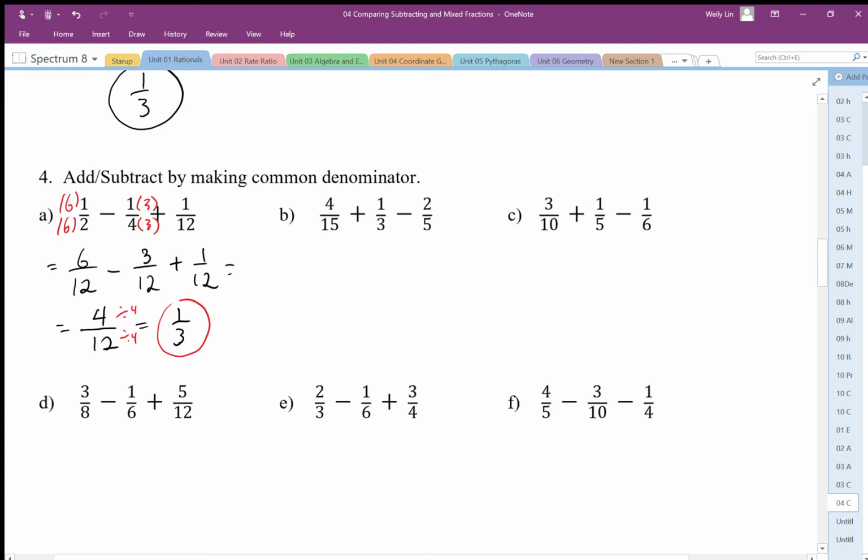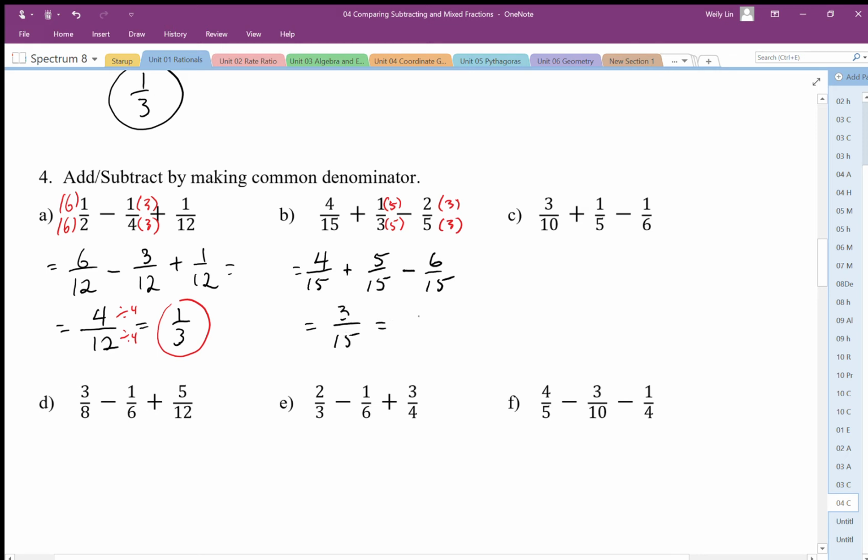So between these ones, 15, 3, and 5, our common denominator is going to be 15. So I need to make sure I show that times 5 here. I need a times 3 here. And then once I've done that, now I have a common denominator of 15. So I'm going to add and subtract. 4 plus 5 minus 6 is going to be equal to 3 over 15.